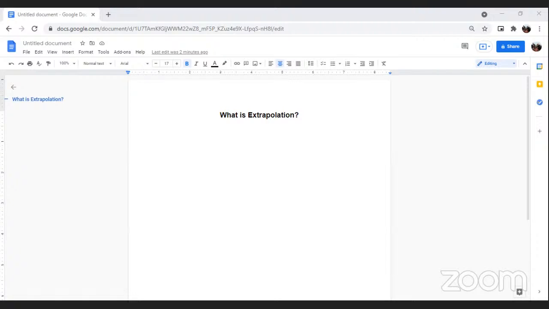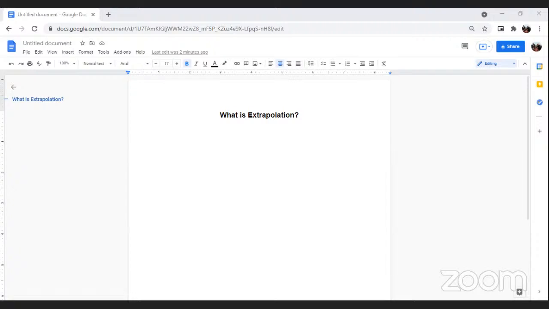So basically, extrapolation is an estimation of a value based on extending a known sequence, right? Unlike interpolation, it doesn't depend upon the values at either side of the gap.